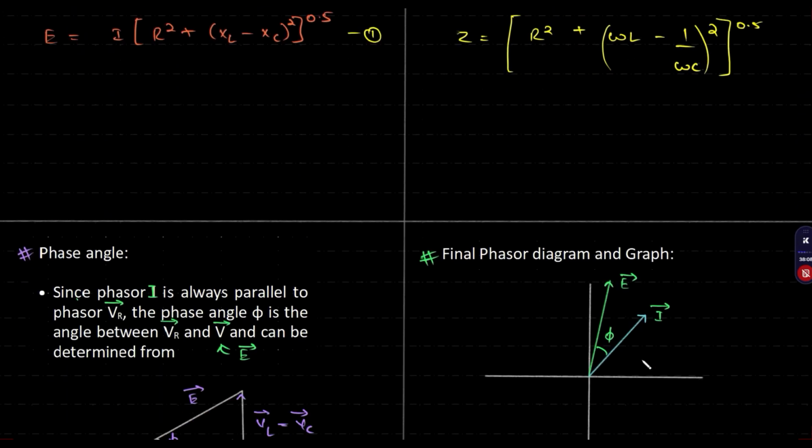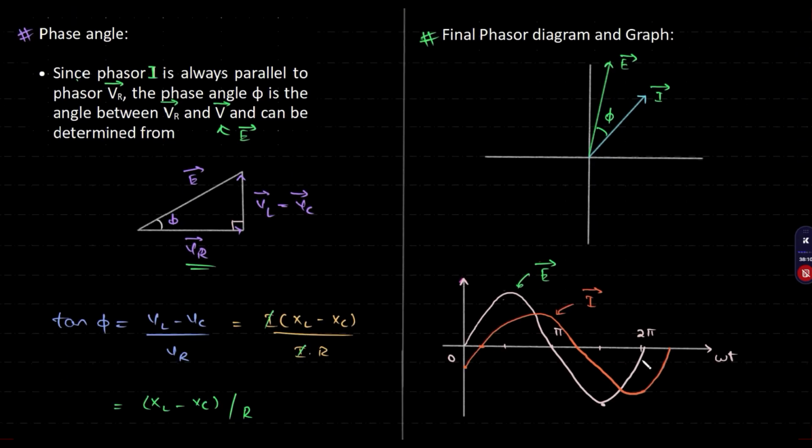Then when it comes to the phasor angle, it's the same thing we did over there. Through that vector diagram, we'll be able to find the phasor angle. Simple. It's tan inverse of this particular expression.